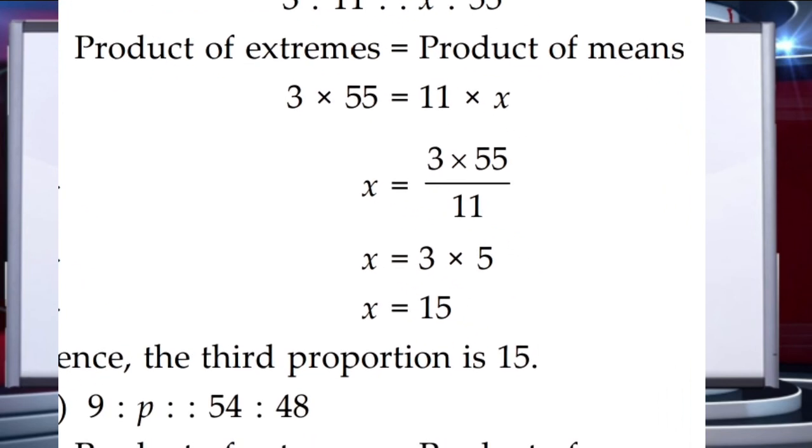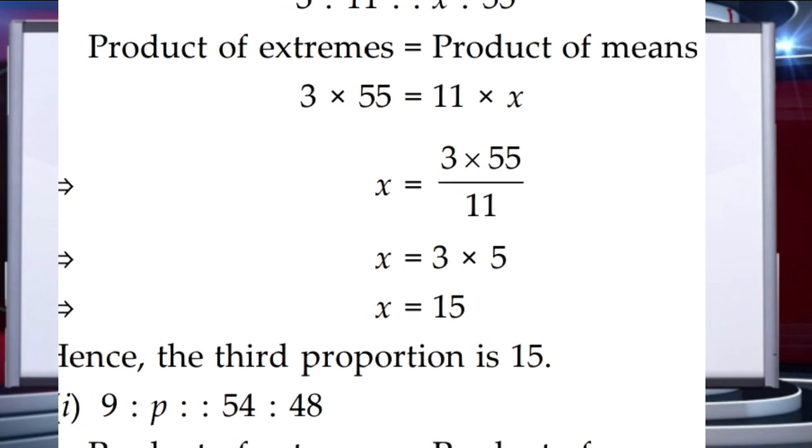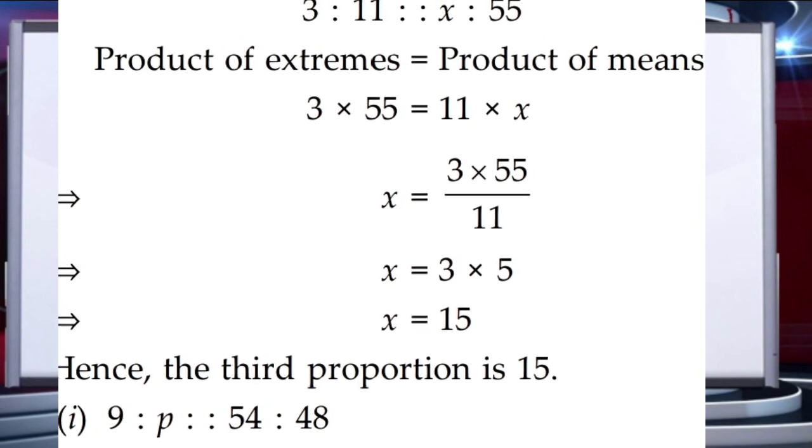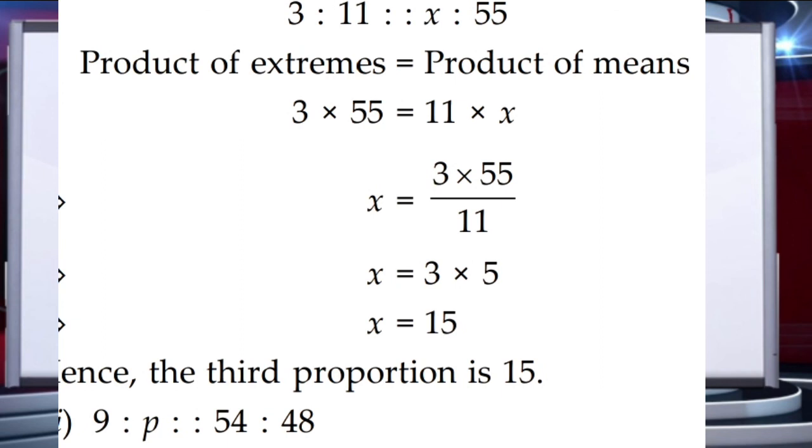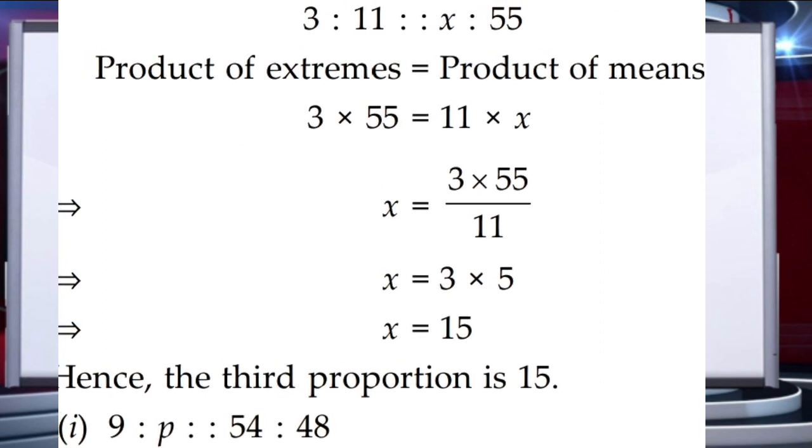Now I will write the formula: product of extremes is equal to product of means. The product of extremes is here 3 and 55, and the product of means is 11 multiplied by x. So again I will keep the x here and shift this 11 from this side to this side. So my equation will become x is equal to 3 into 55 divided by 11.